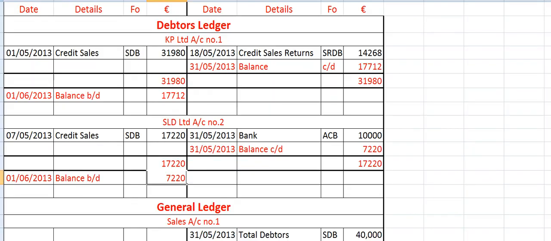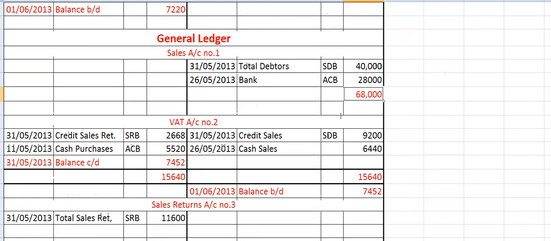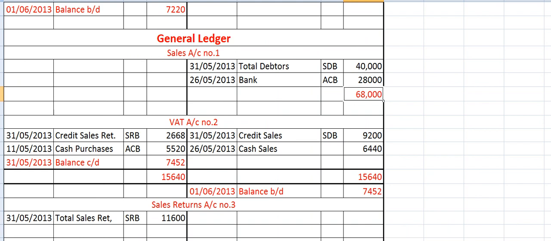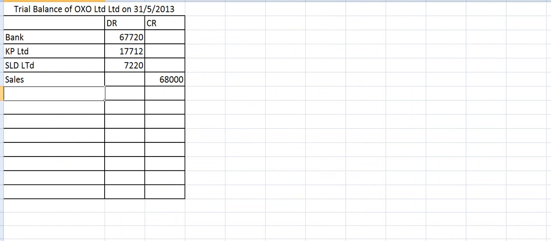Then I'm going to go to my sales balance, credit side, and that's going to be 68,000. Then I'm going to go to my VAT, which is also credit below the line of the credit, and VAT is 7452.